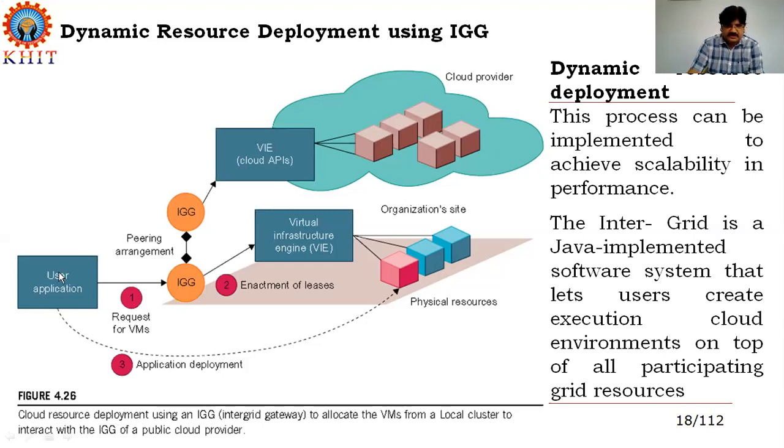He has three options. One is that the end user wants to host his developed application in the cloud, or the end user wants to host or save his application on the physical resources, the local machine.